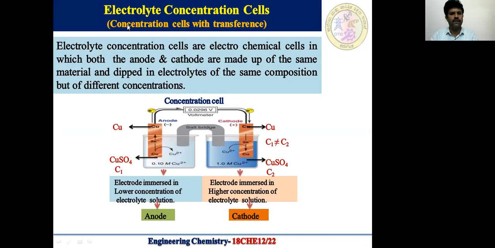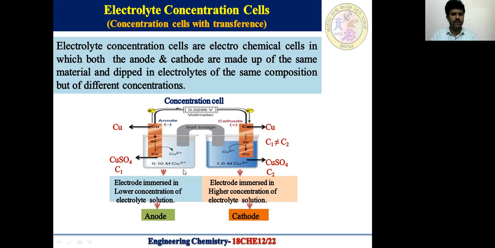The name itself indicates the electrolyte concentrations are different. If we consider copper concentration cells, the anode, that is copper metal, is immersed in copper sulfate solution of concentration C1, and here the copper metal is immersed in copper sulfate solution of concentration C2. Here C1 is not equal to C2, internally connected through salt bridge and externally connected through electrical conductor and voltmeter.